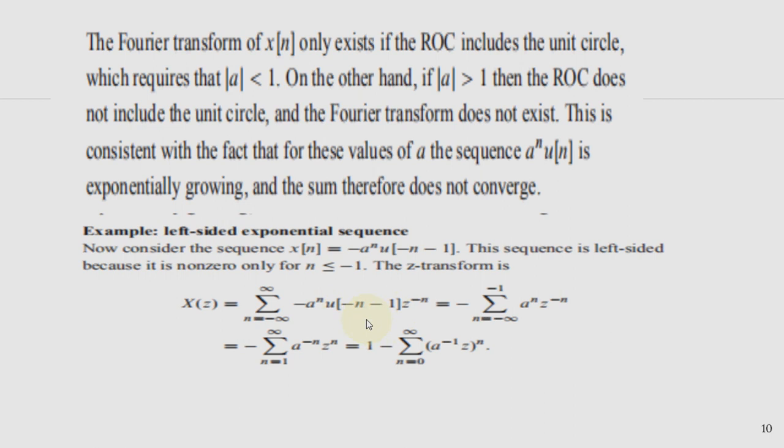So that is equal to minus summation from minus infinity to minus 1 of a raised to n z raised to minus n. So that is equal to minus summation n is equal to 1 to infinity of a raised to minus n z raised to n, that is equal to 1 minus summation n is equal to 0 to infinity of a raised to minus 1 z raised to n.